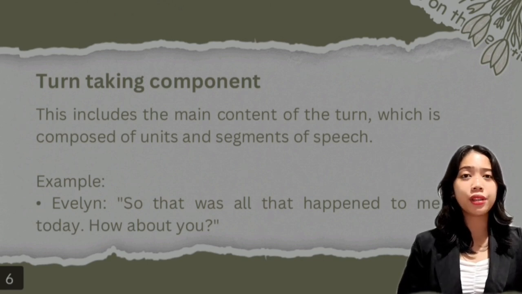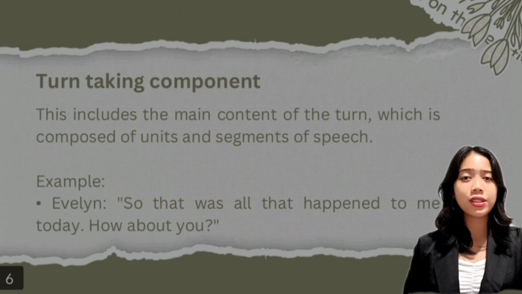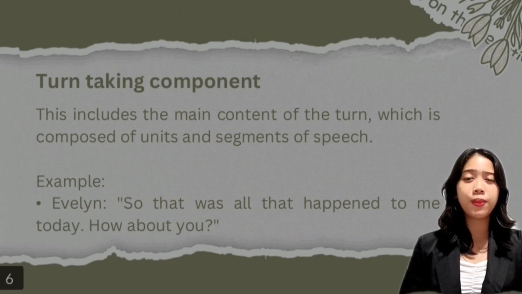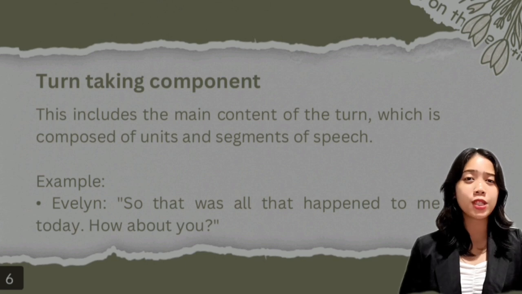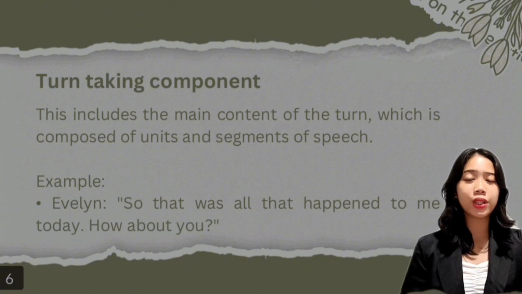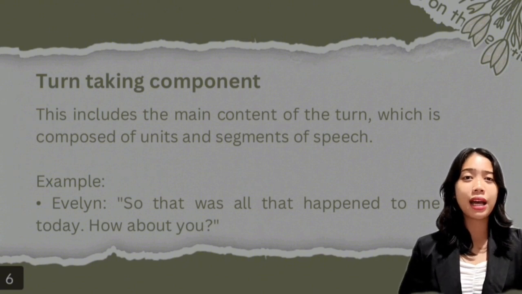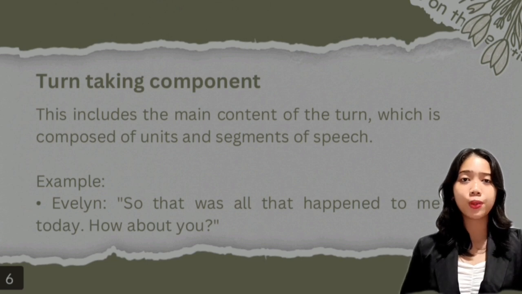This includes the main content of the turn, which is composed of units and segments of speech. These segments are called turn construction units, and the point at which a turn ends is known as a transition relevance point.